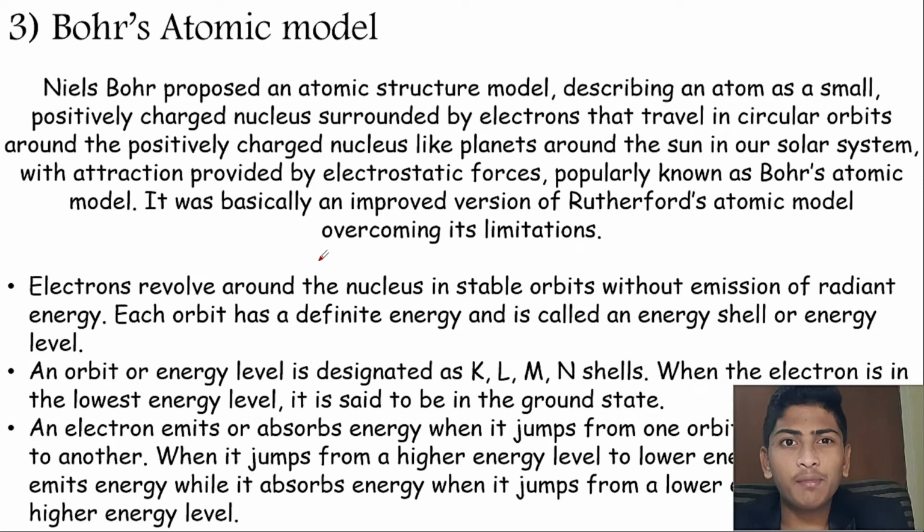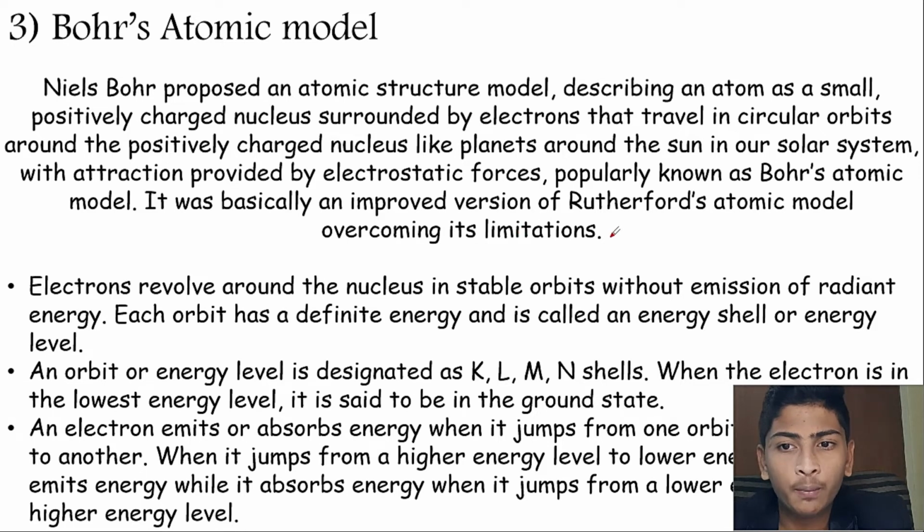This Bohr atomic model is just an improved version of the Rutherford atomic model. The main drawback of Rutherford's model was that he could not explain how electrons were arranged and how the atom is stable. Bohr can explain this.